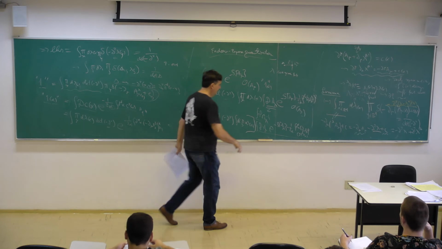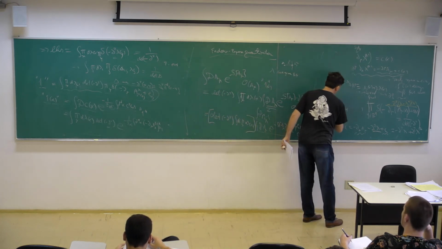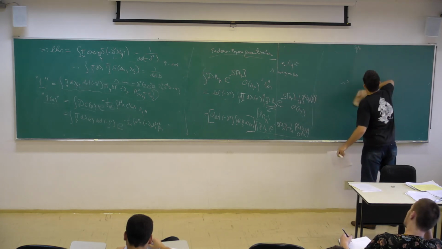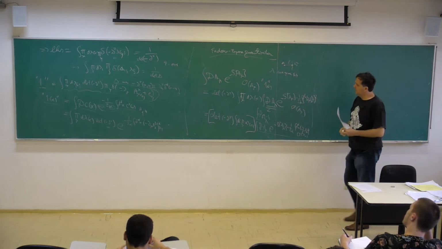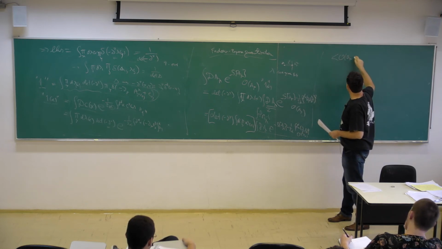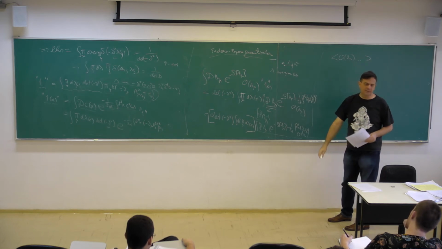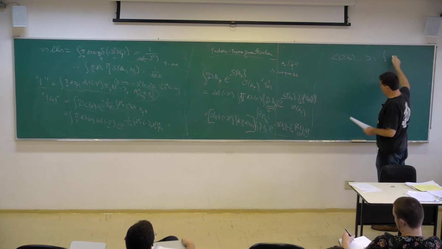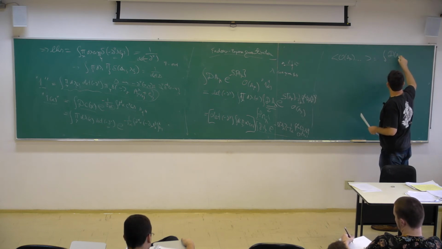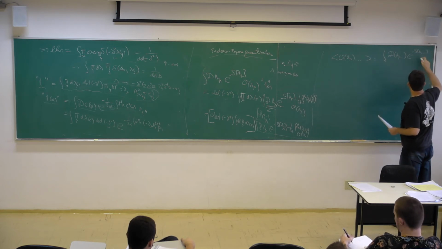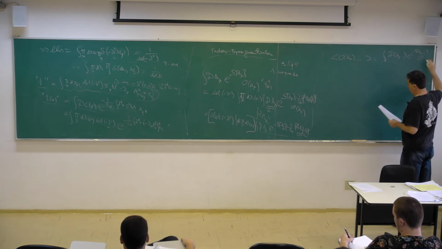So as I said from the beginning, when I calculate something physical, like for instance the expectation value of this operator O, what I do is I take ratios of these things, e to the minus the action with O, perhaps something else, right?